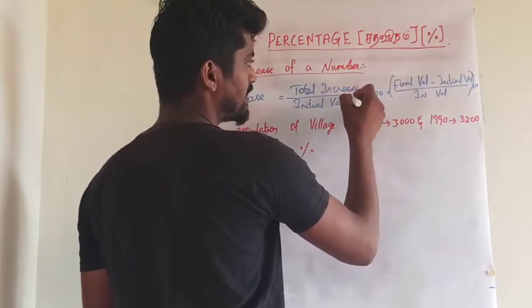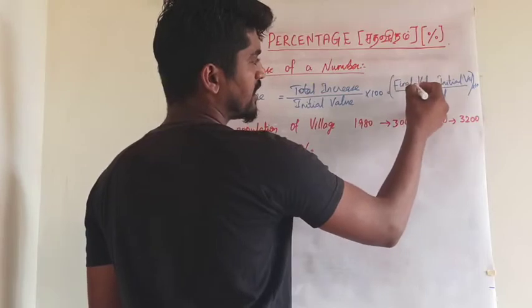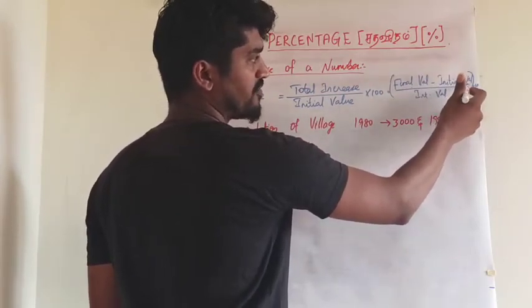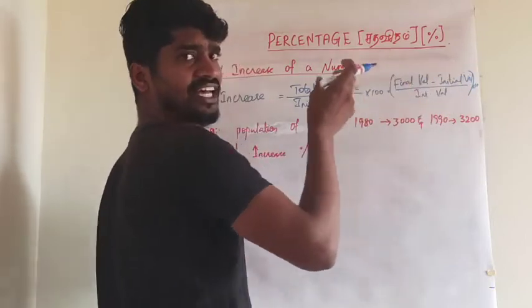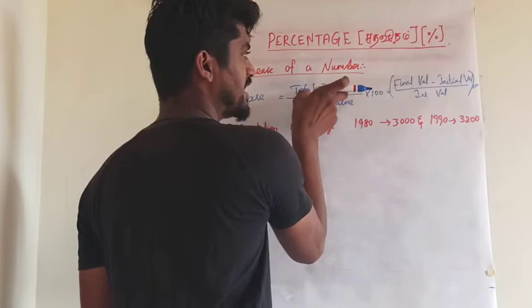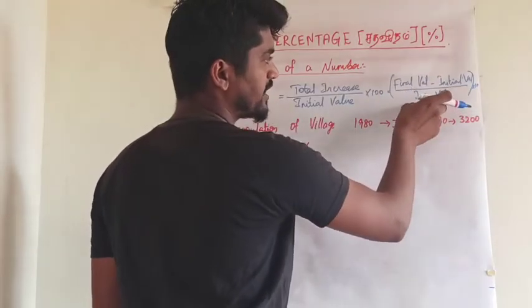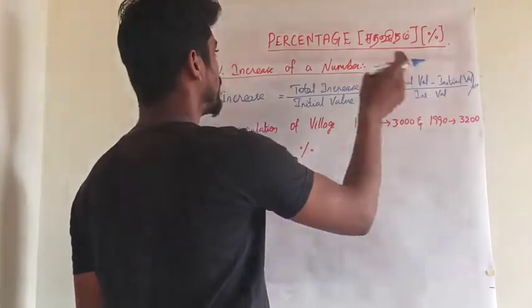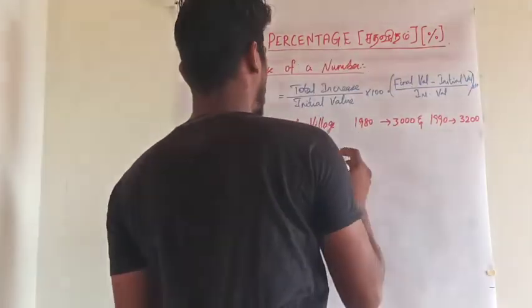The total increase value is nothing but the final value of the number minus the initial value of the number. The difference between the initial value and the final value is called the total increase value, divided by the initial value of the number and multiplied with 100 to find the percentage.